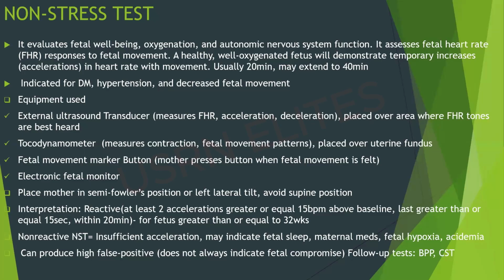Sometimes they have a belt that they place on the pregnant woman's abdomen, and that will monitor the heart rate. Know the acceleration and deceleration. That's what the monitor does.